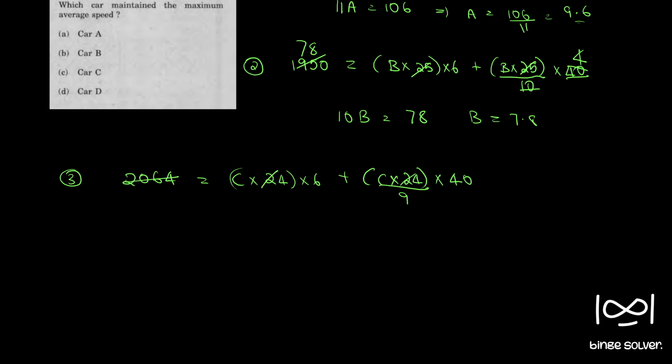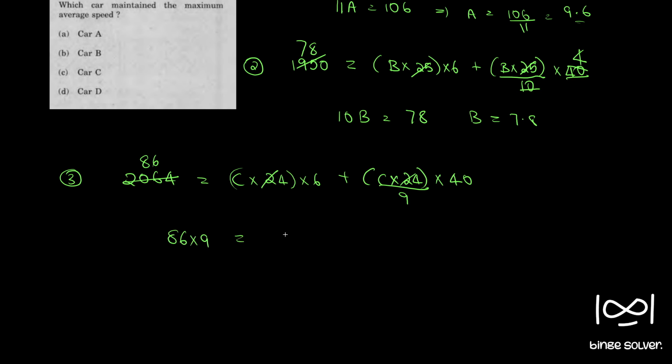So 2064 becomes 86. Since there is 9 and it doesn't cancel with the 40, we will multiply 86 throughout with 9.